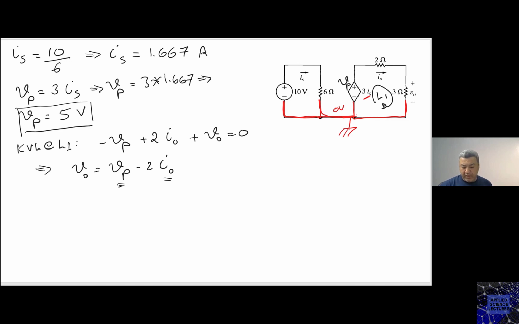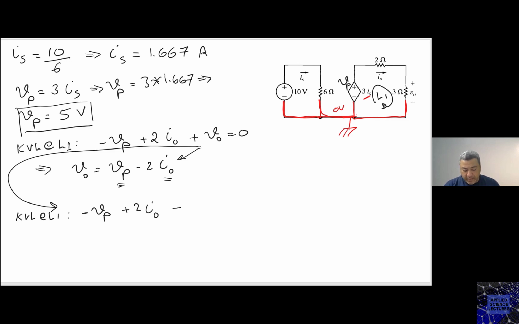By the way, instead of writing V naught, so this is one way. A second way is, instead of writing V naught, KVL at L1: minus VP plus 2 I naught plus 3 I naught equals 0.